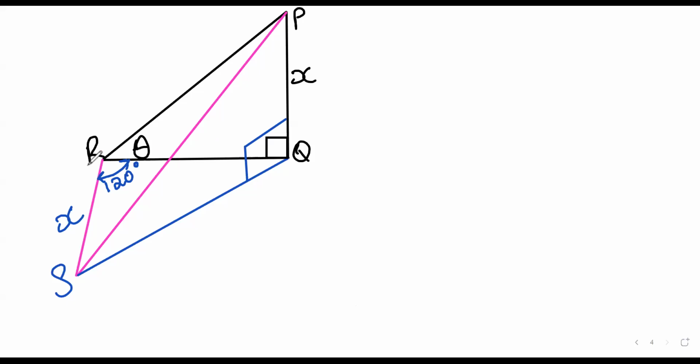But firstly, we need to find RQ, and as you told us, we need to use tangent. So we say, well, according to the tangent of theta, RQ is the adjacent side. Oh no, tangent is opposite over adjacent.